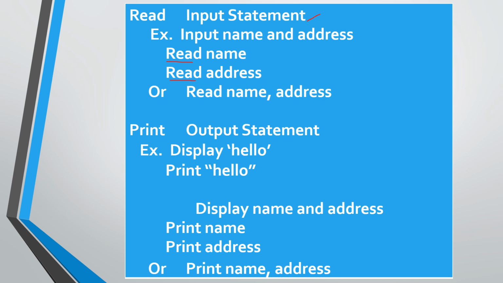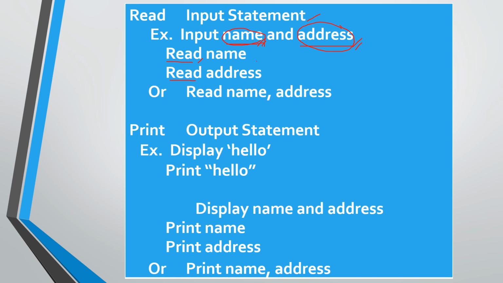So, read. It is that easy. Let's say we have to ask the user for the name and the address. Whatever value is inputted by the user will be stored in the variables name and address, and we simply make use of the word read. Read name, read address.